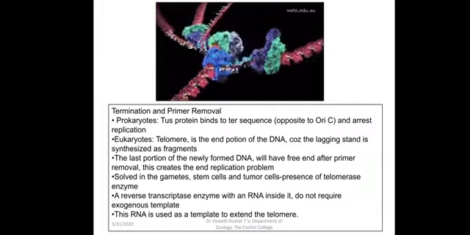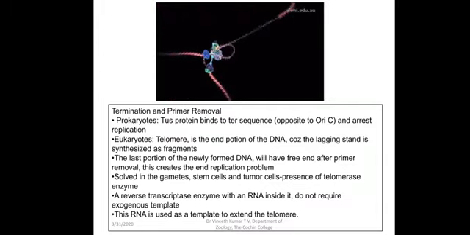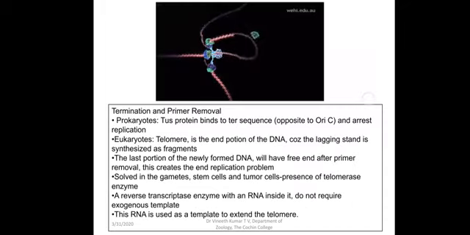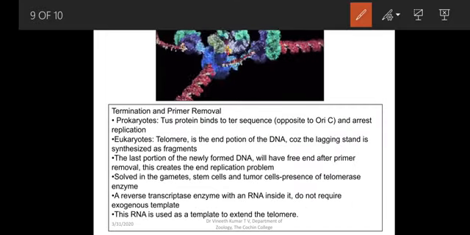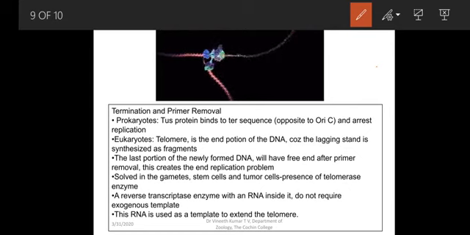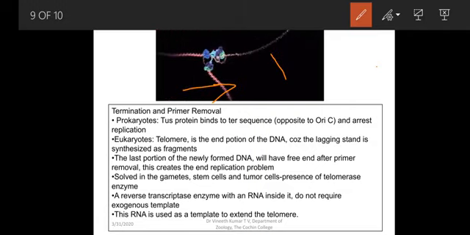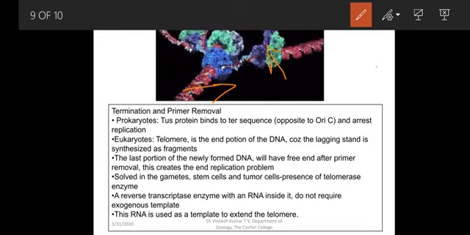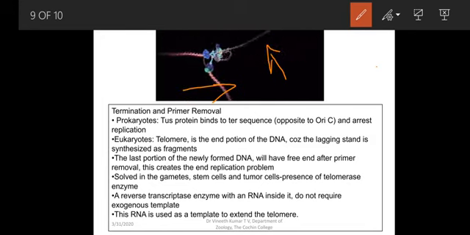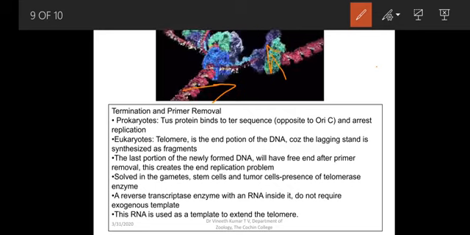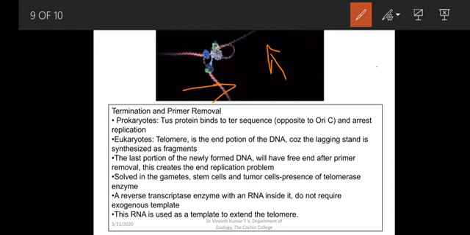Now each time, in this particular diagram, you can see that this is the leading strand and this one is the lagging strand. So each time the DNA is being looped into the polymerase. See, again it is being looped and again the DNA synthesis starts. So this particular process is called looping.